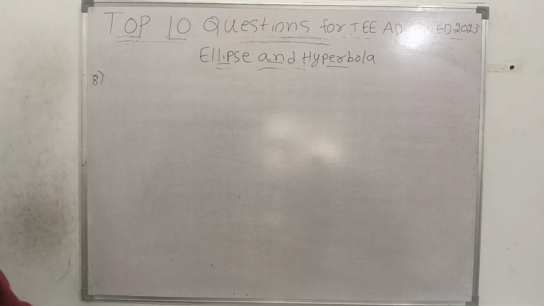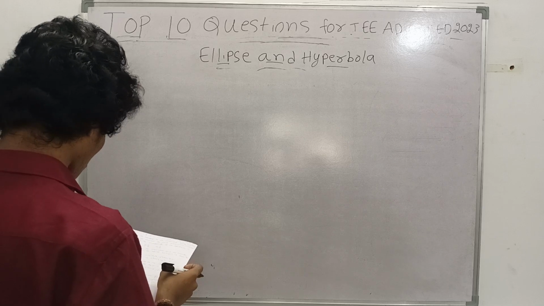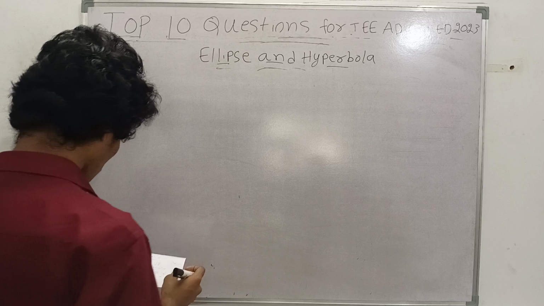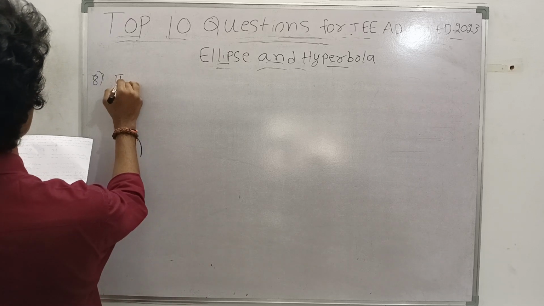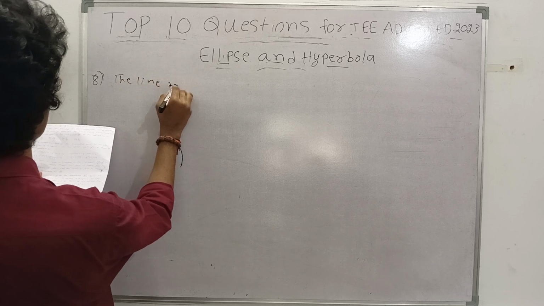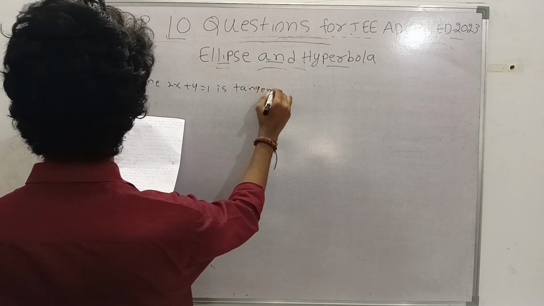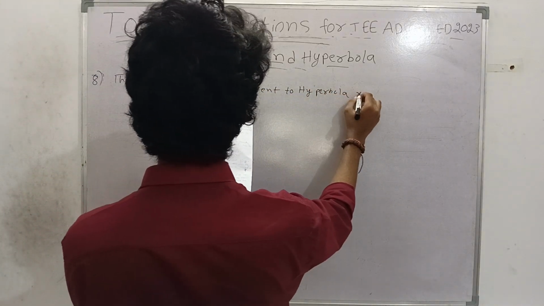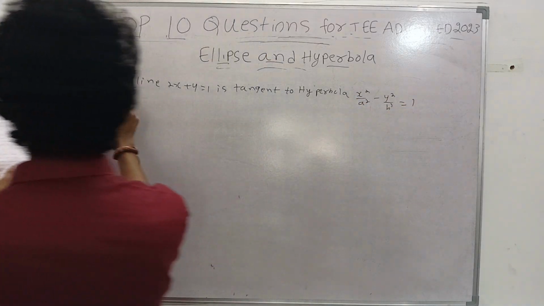Now the 8th question. The line 2x plus y equal to 1 is tangent to the hyperbola x square by a square minus y square by b square equal to 1.